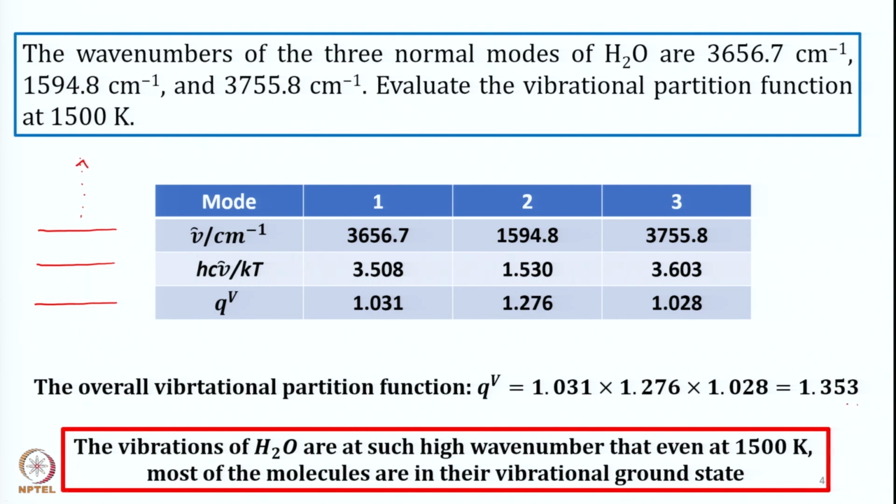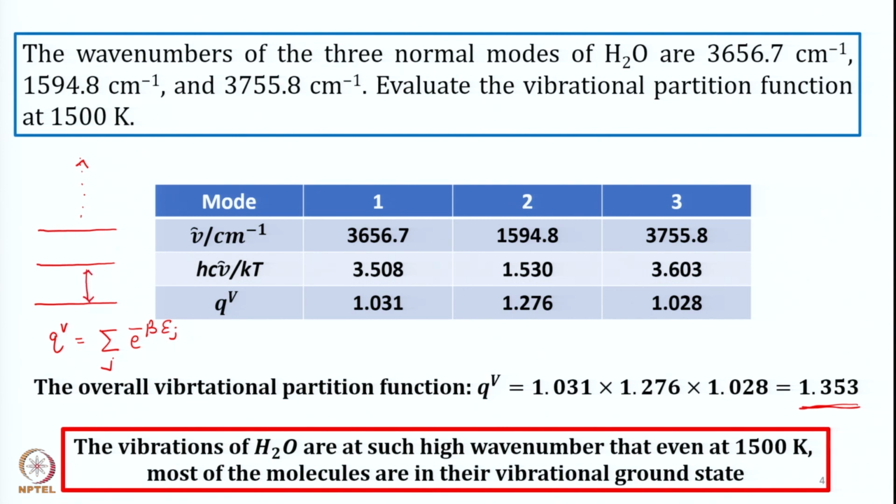The value of 1.353, 1.3 is close to 1, and if only the ground state is occupied, then Q vibrational, the sum over j of exponential minus beta E j, in this case, if most of the molecules are in the ground state, then what you have is a value of just 1, ground state only, because the upper state contribution is going to be negligible, because this energy difference is very, very large.